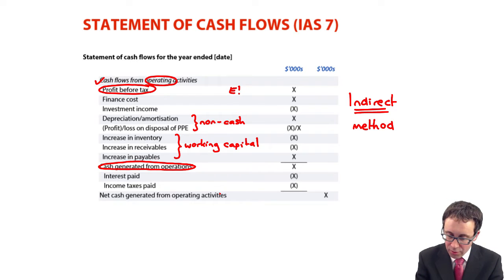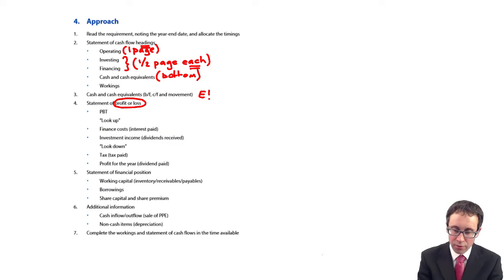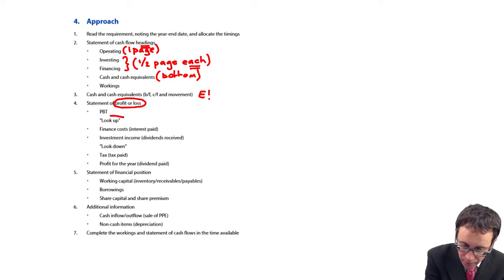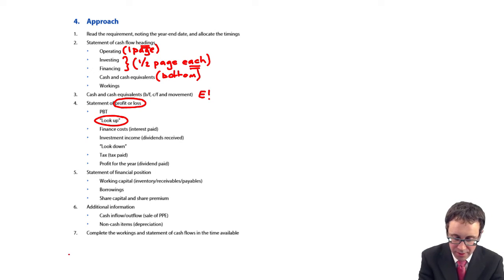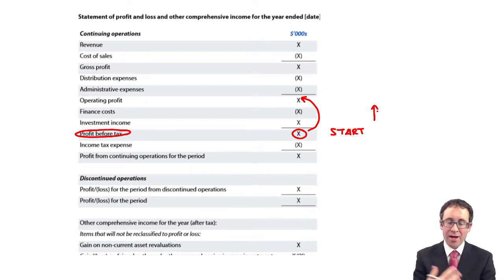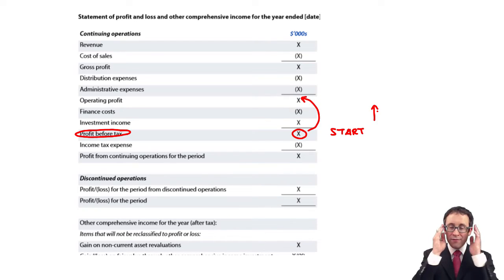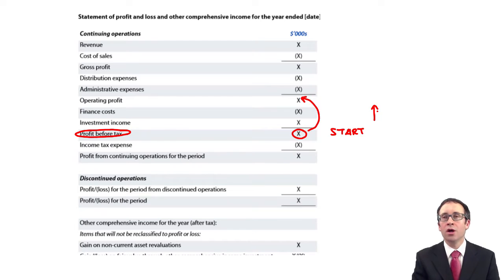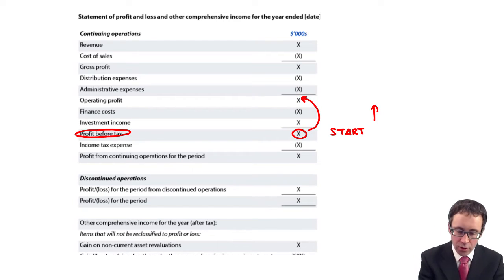What I then go through and do is look up. So if I go to PBT and I look up, the balances that I see are investment income and finance costs. You adjust for those in the statement of cash flows.